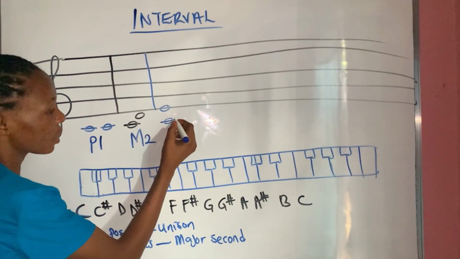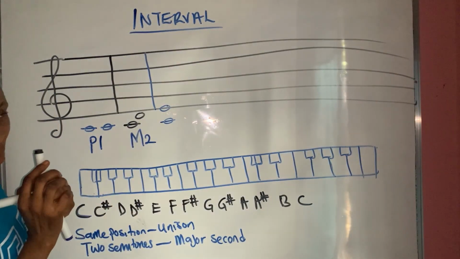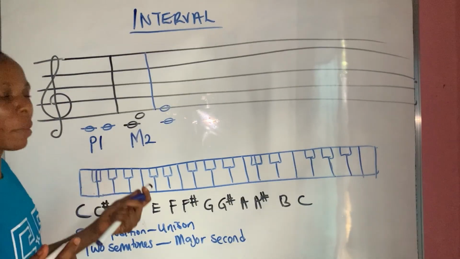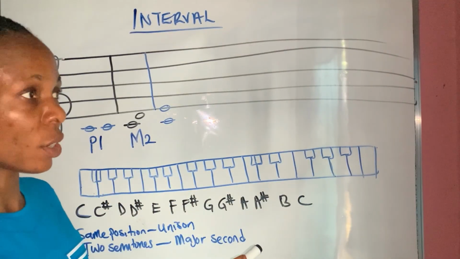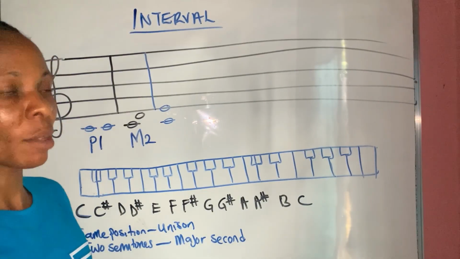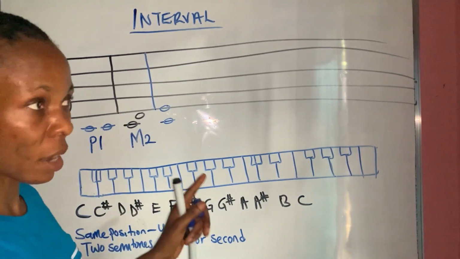In finding the properties of an interval, you have to consider the numbers on the staff, like the number of lines and spaces involved, and then you also consider the number of semitones involved. Now let's find both.